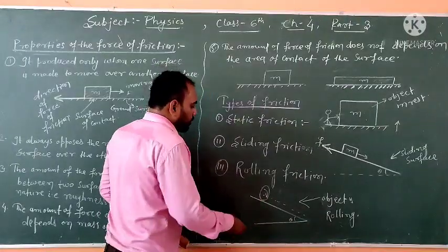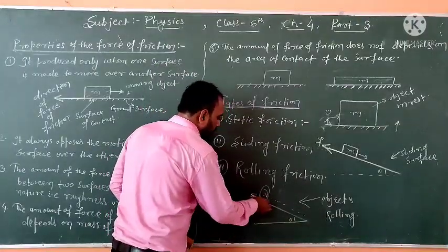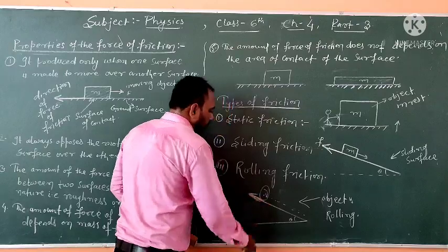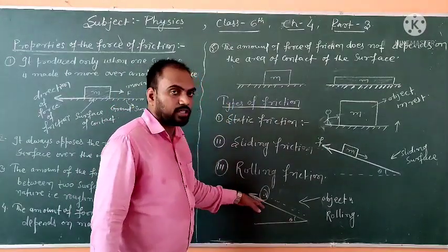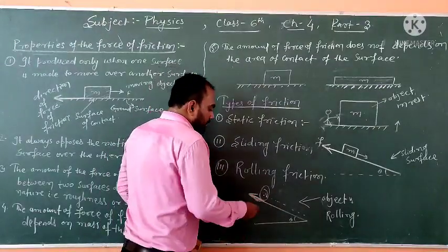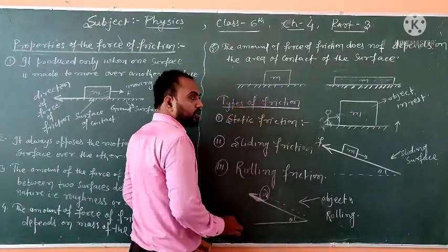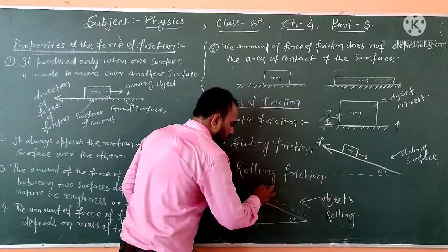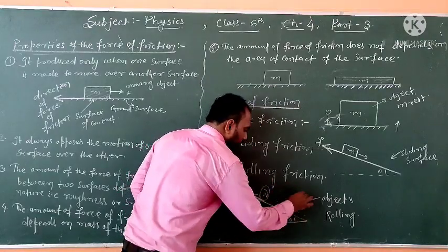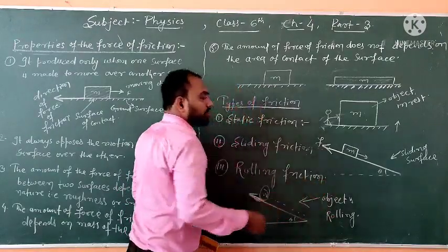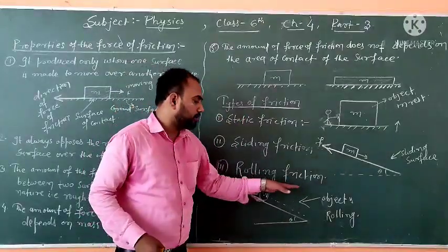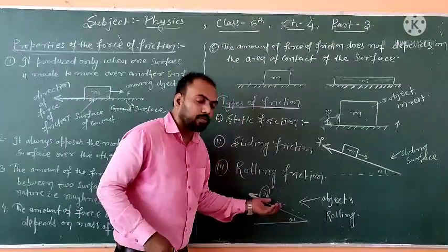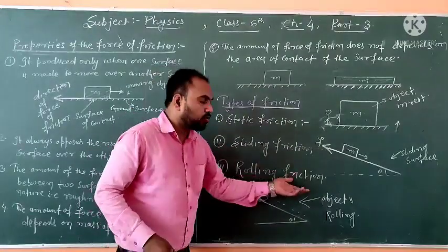When an object in motion is moving, rotating or rolling on a surface, a force of friction appears on the body, and that is called rolling friction. This object is not just going in this way; it is rotating on this surface, moving round and round and then moving downward. That force of friction in this type of motion of the body is called rolling friction.